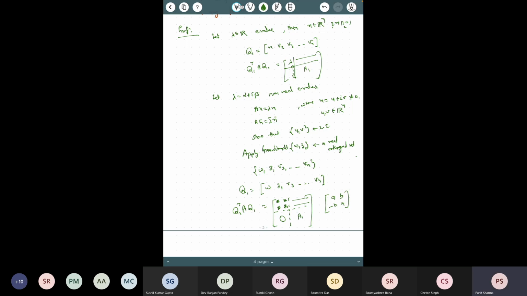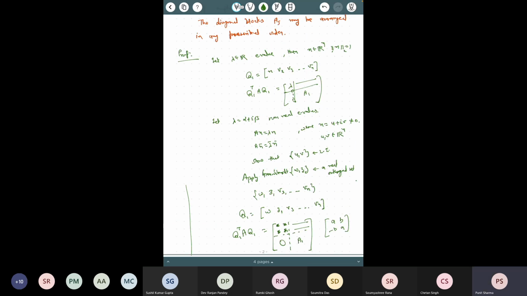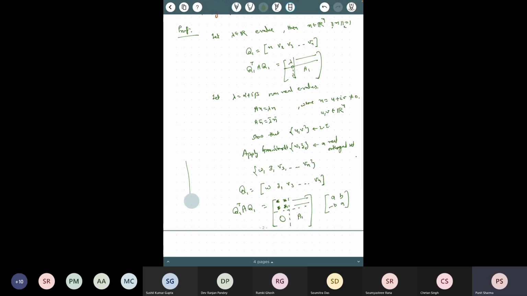And then depending on the blocks, you can keep on doing the same way. You can keep on reducing A1 in the same way, and then A2, and at the end of k steps, you will get an orthogonal matrix Q such that Q transpose AQ is in the given form. Okay, so this is the idea. You can explore this idea.